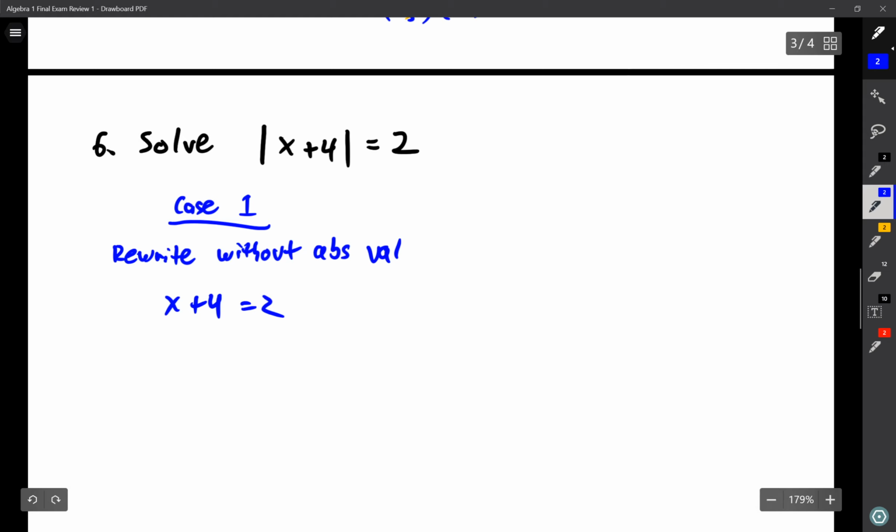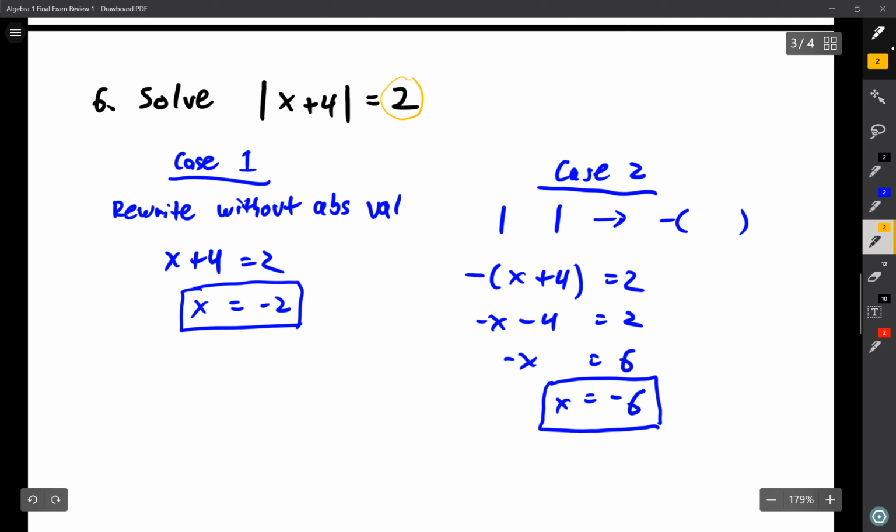This is another way of saying these are our solutions: the two numbers that are 2 units away from the number -4, because this is a minus whatever the value is. So a minus -4 would give us a +4. That's what's going on with our solutions here.